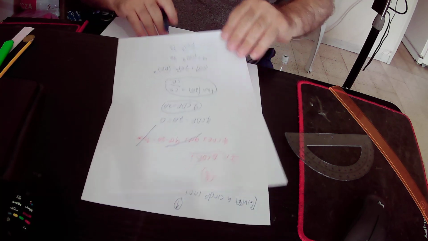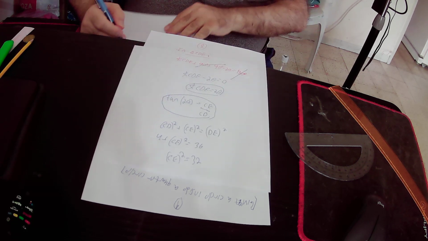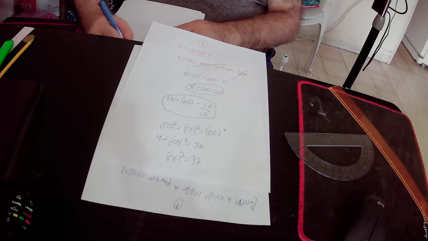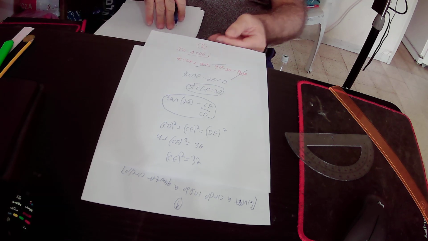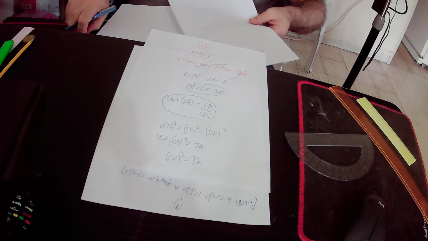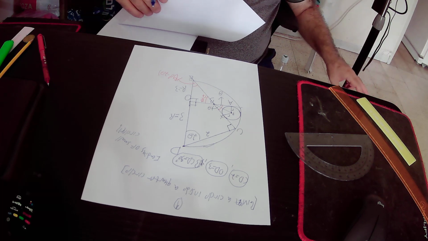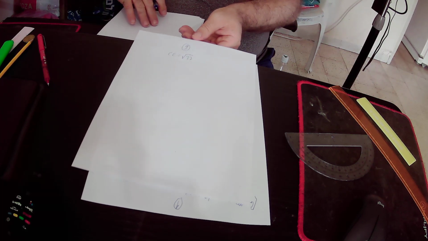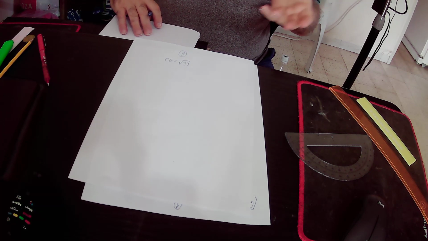Okay, here we will take a root of this equality, and we will get that CE equals root of 32. We know that 32 is 16 times 2.